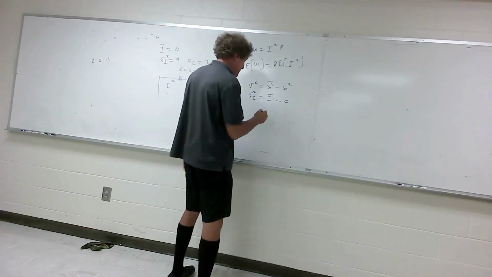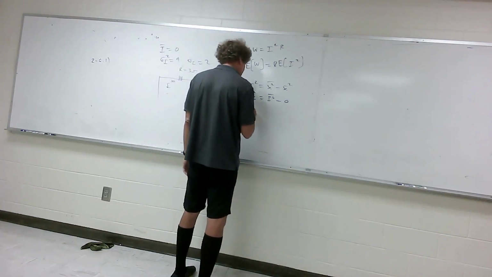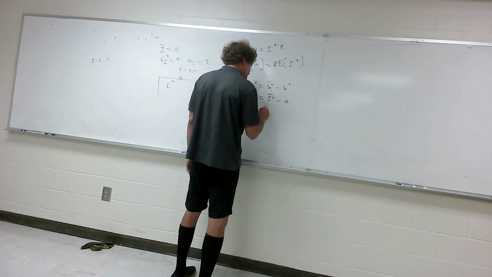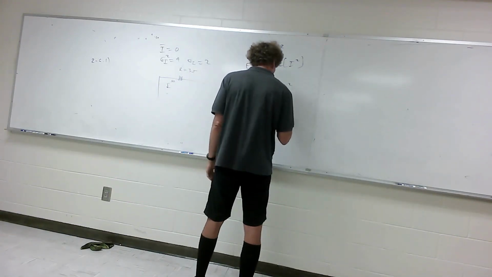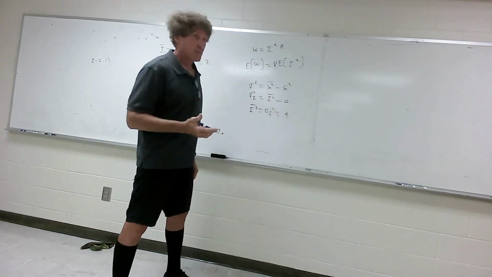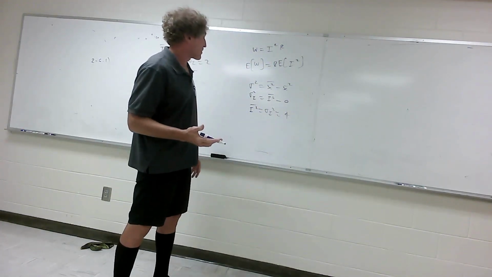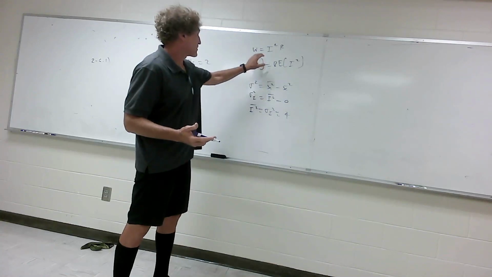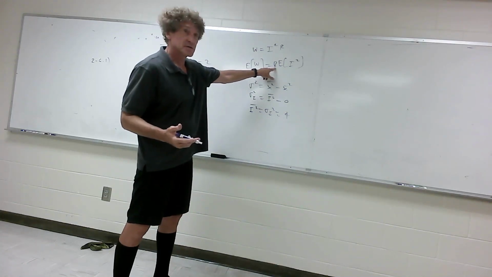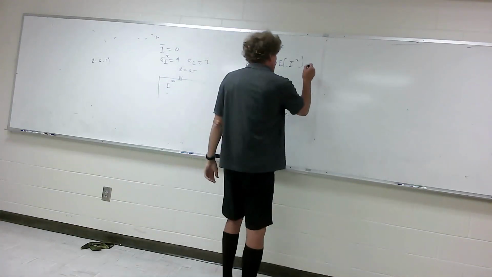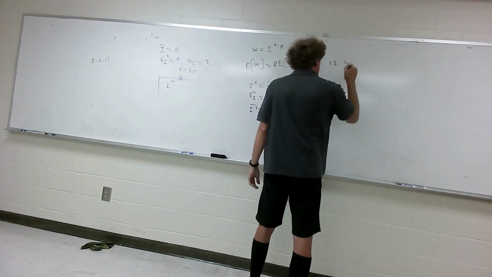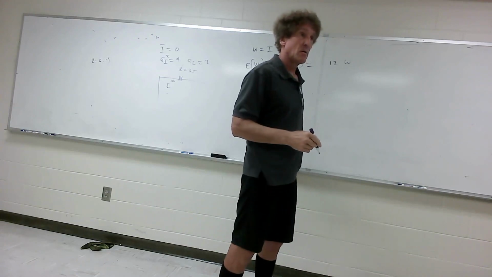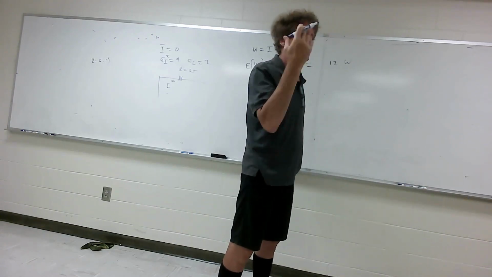Therefore, by definition, I squared bar is sigma I squared, and that is 4. Then for the power, we multiply by the resistance, 3. So it's 12 watts.